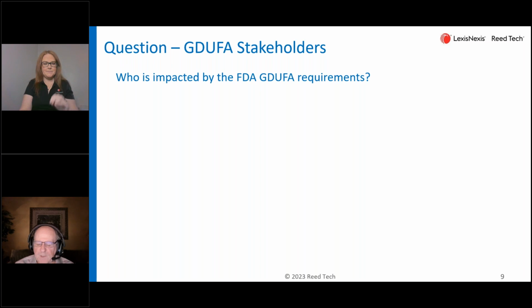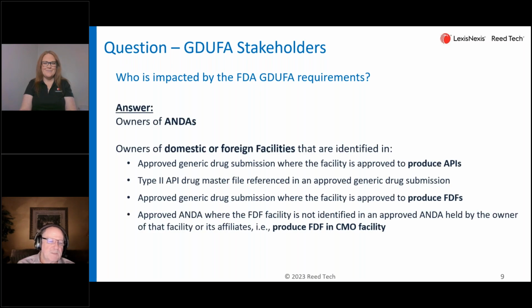Yeah, so everybody wants to know, am I required to comply with these charges and annual events? So it's those particular companies that are owners of an abbreviated new drug application. We saw the pricing for those.